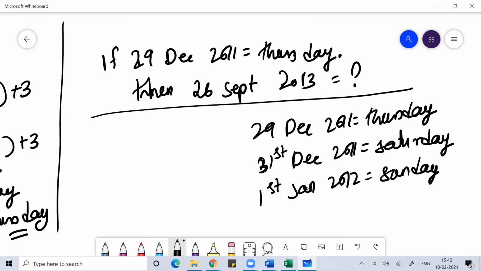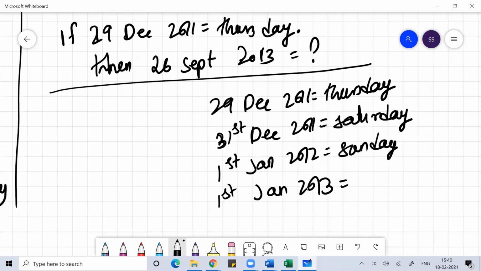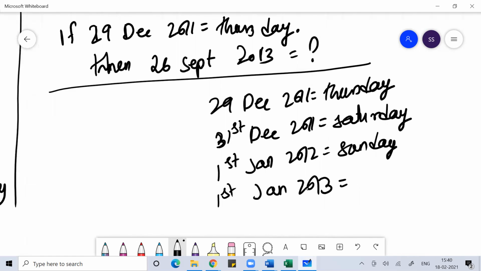Then I can find 1st January 2013. 2012 was a leap year, so 1st January 2013 will be Tuesday. Why Tuesday? Because in a normal year you have only one extra day, but in a leap year you have two extra days. So that's why 1st January 2013 will be Tuesday.